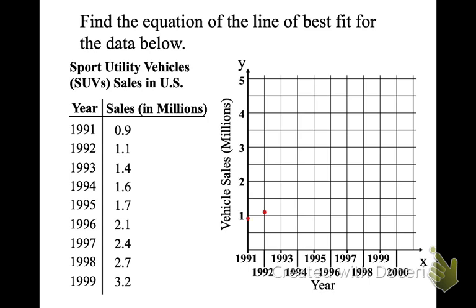As I place this data, we see that this real data creates a linear trend. And when it creates a linear trend, we can draw what's called a line of best fit. That's where we take our ruler, like it's a piece of metal, and these are a bunch of magnetic points, and we try and place it as close as we can in the middle.